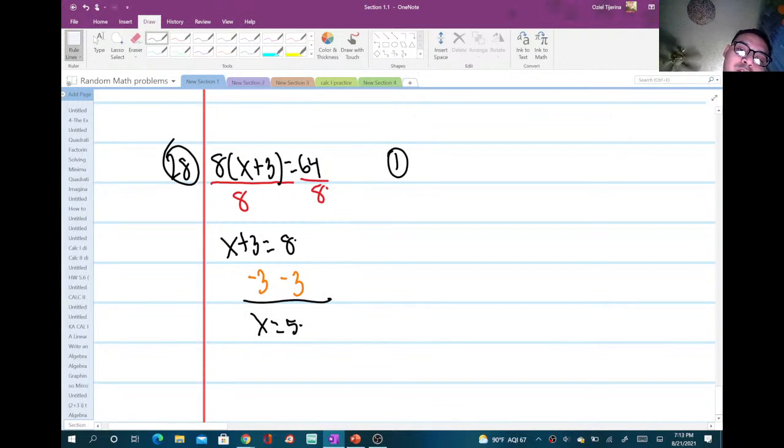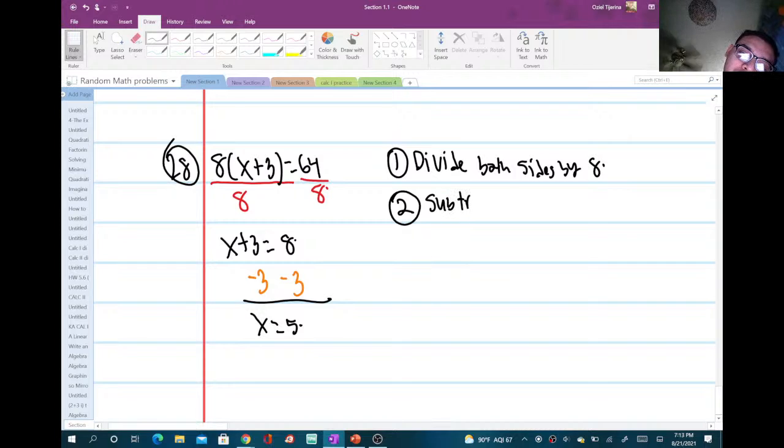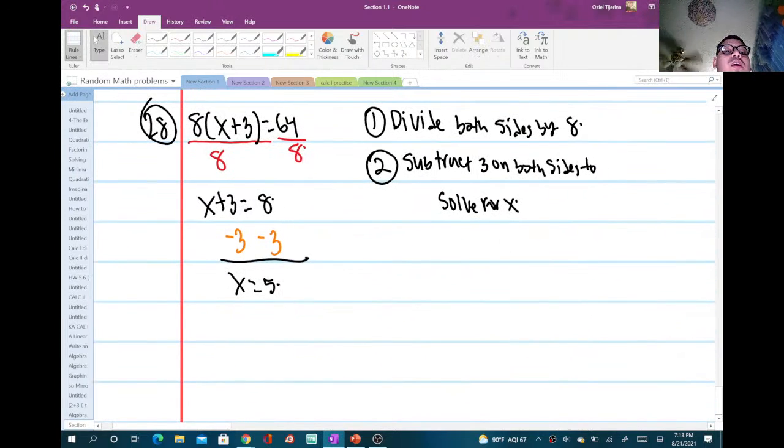So number 1, divide both sides by 8, 2, subtract 3 on both sides to solve for x. Okay, so that is one way to do it.